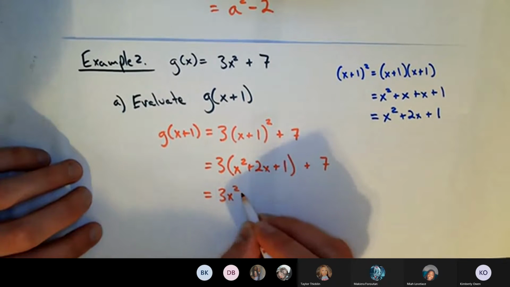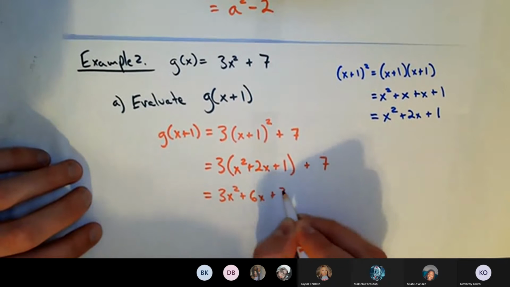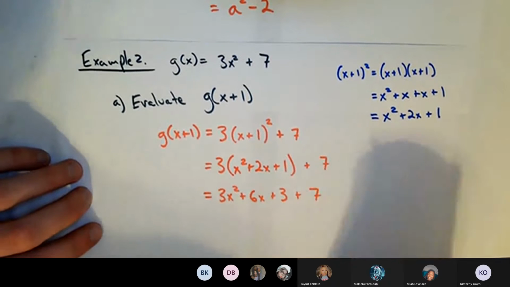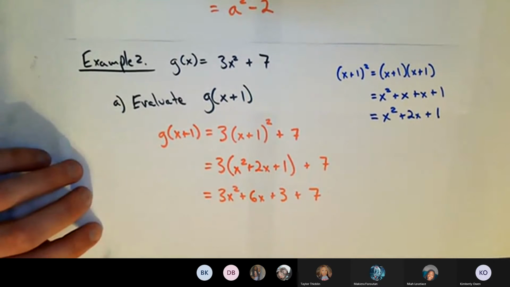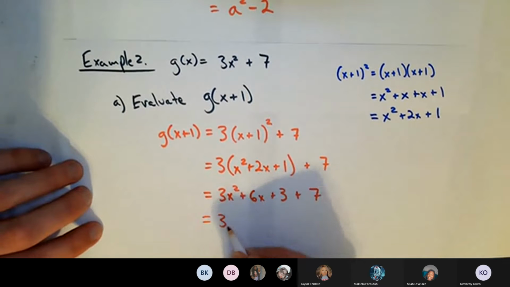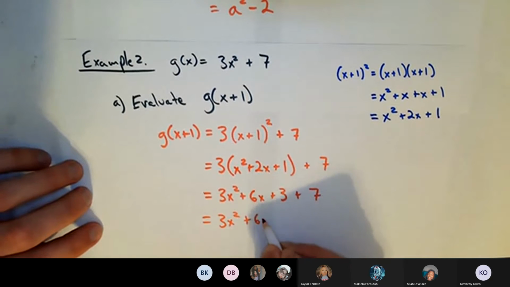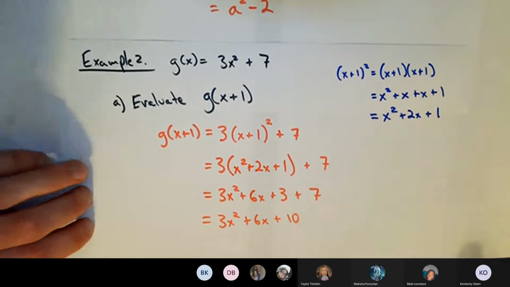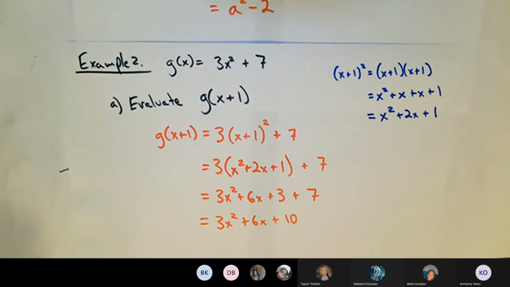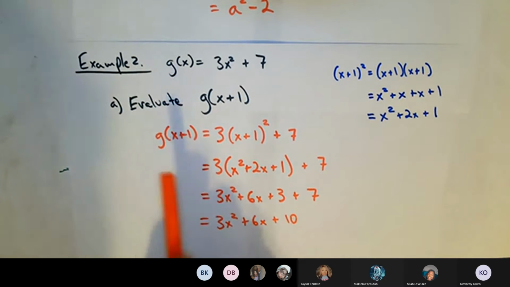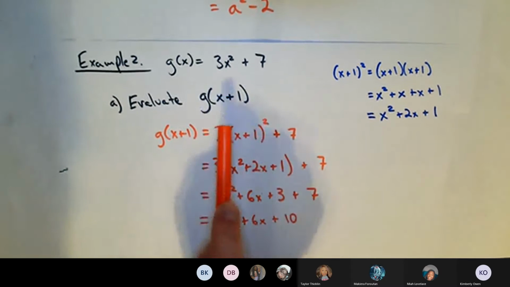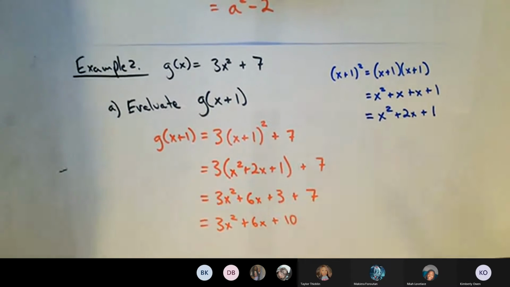So 3x squared plus 6x plus 3, and then don't forget the 7. Finally, do I see any like terms? Yes, I do. Those two constant terms. That's it. That would be the answer for evaluating g of x plus 1. There it is.